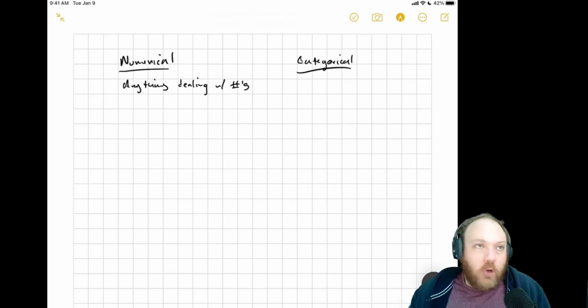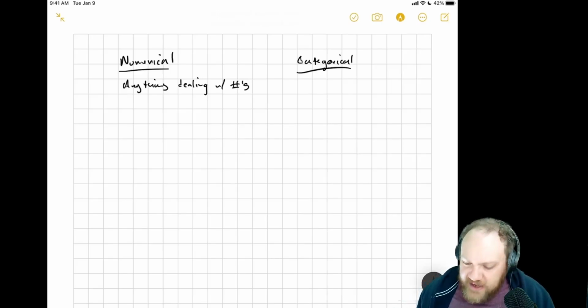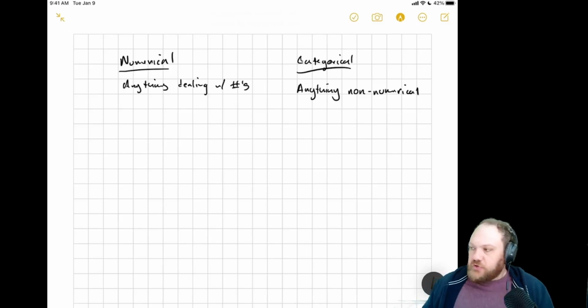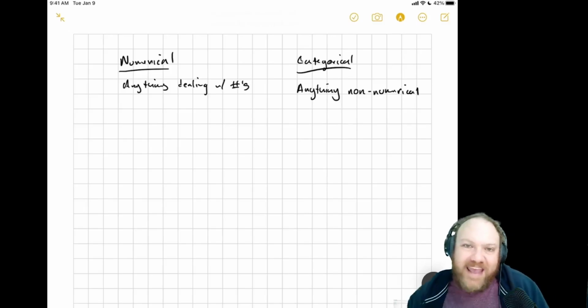T-shirt sizes, small, medium, large, extra large. Again, categorical data, right? So any data that is non-numerical is inherently categorical, right?